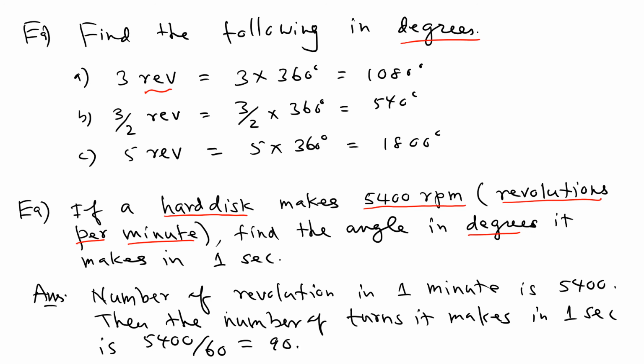But we know that 1 revolution means 360 degrees.